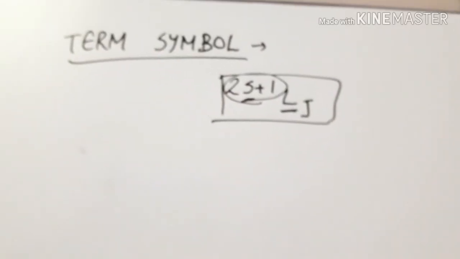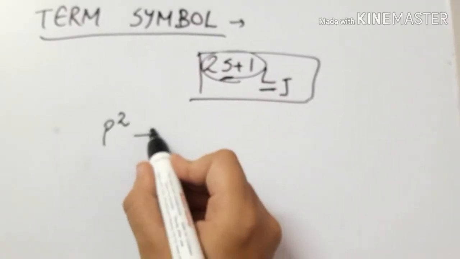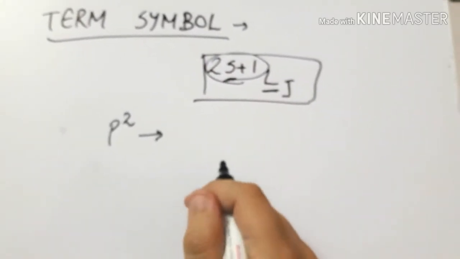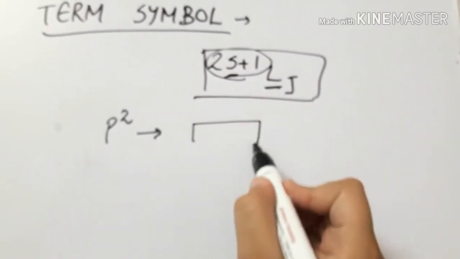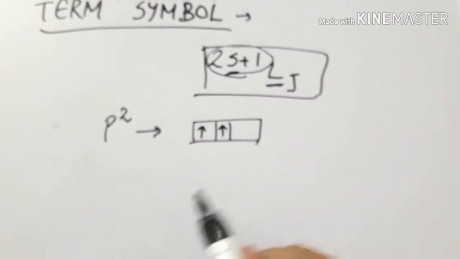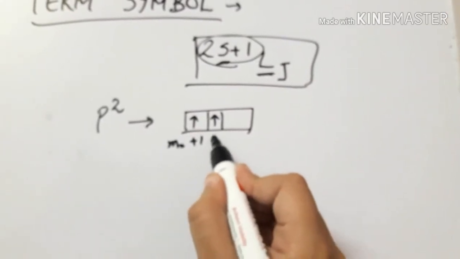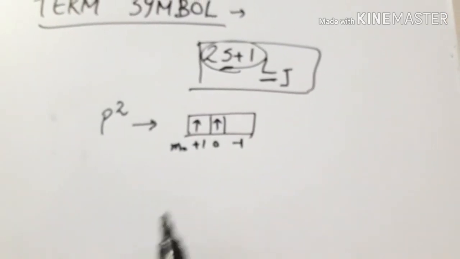Now let's take an example to clarify this. So we have p2. For finding the term symbol, we have to write the two electrons in the orbitals with m values plus 1, 0 and minus 1.